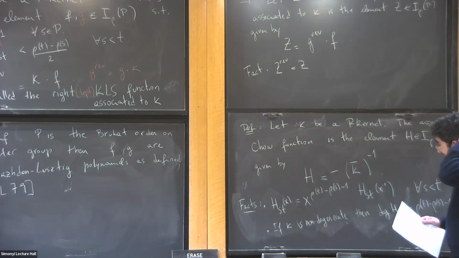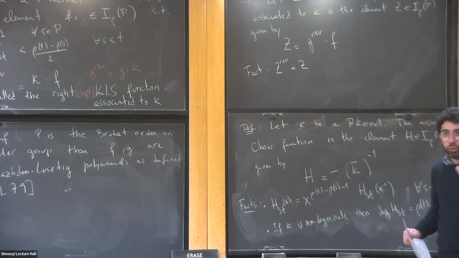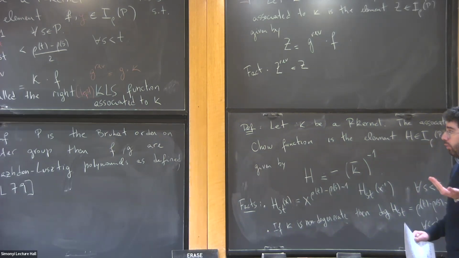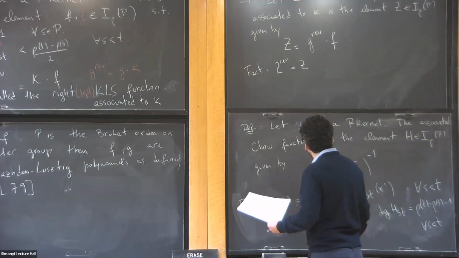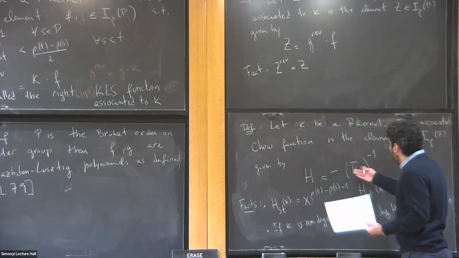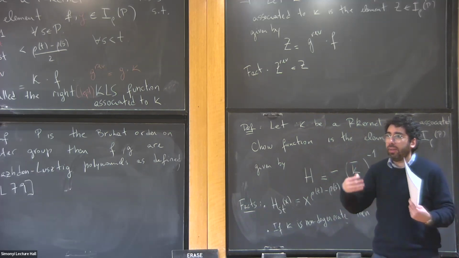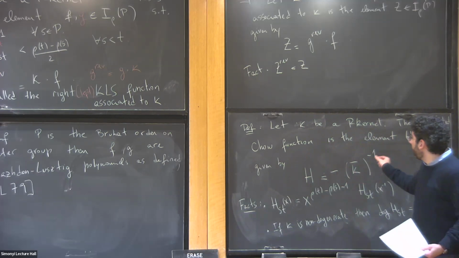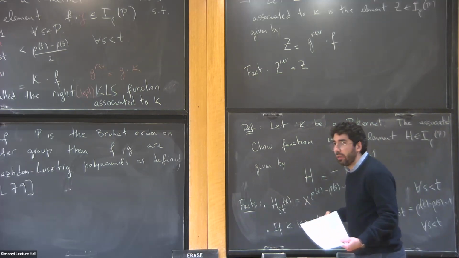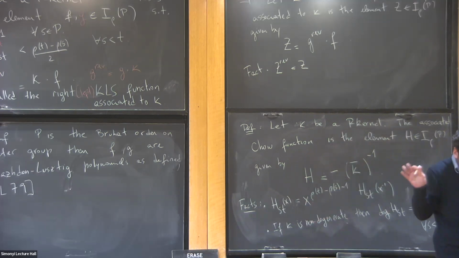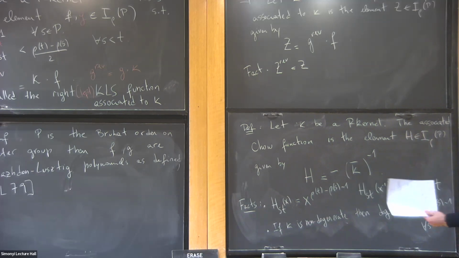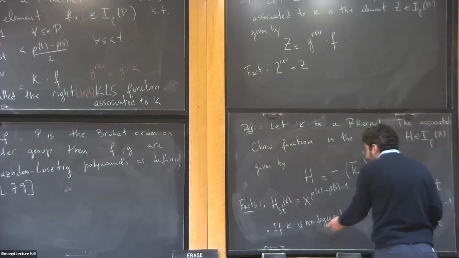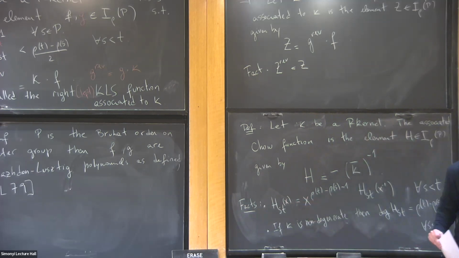But there is no reason at all to expect that H exhibits any positivity property. Why? Well, a priori, we don't expect kappa to have any nice sign pattern, and you are inverting something here, so there's no reason to expect that H will always have non-negative coefficients.